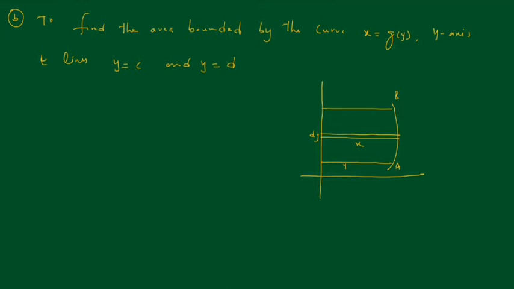So it is y equals c, it is y equals d. Got it? So it is the curve x equals g of y. In the previous case, the strip is vertical, so here the strip is horizontal, right?